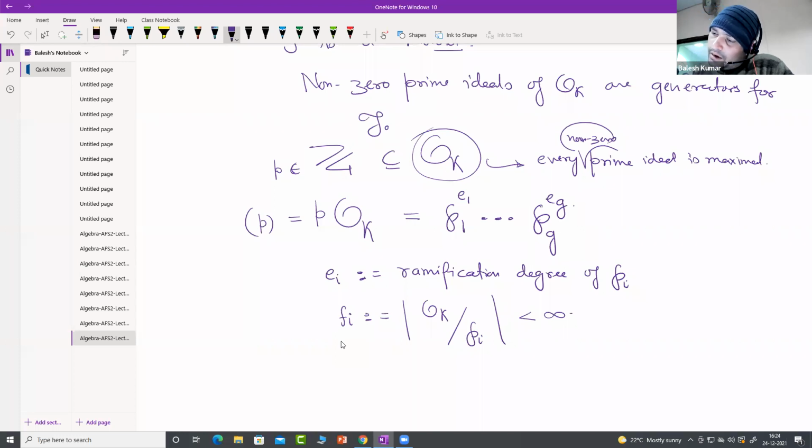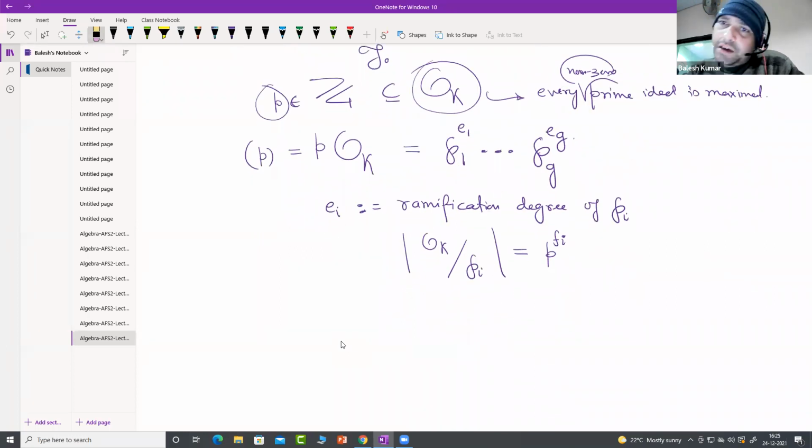If you know a bit of finite fields, the cardinality of a finite field is some prime power, and in this case that prime is exactly the same p that we started with, so the cardinality is p to the power fi. Let me write it properly: OK mod Pi has size p to the power fi, and fi is known as the residual degree of Pi.